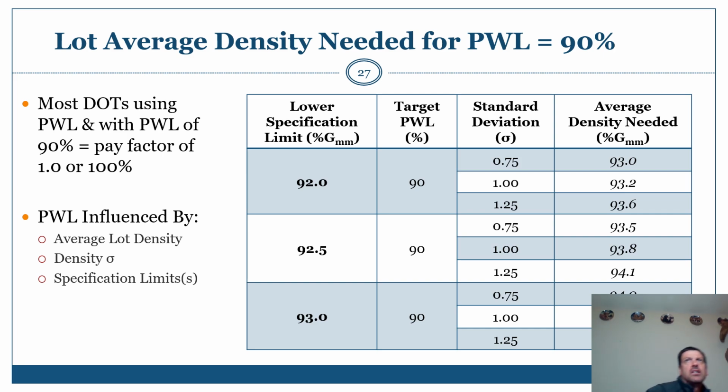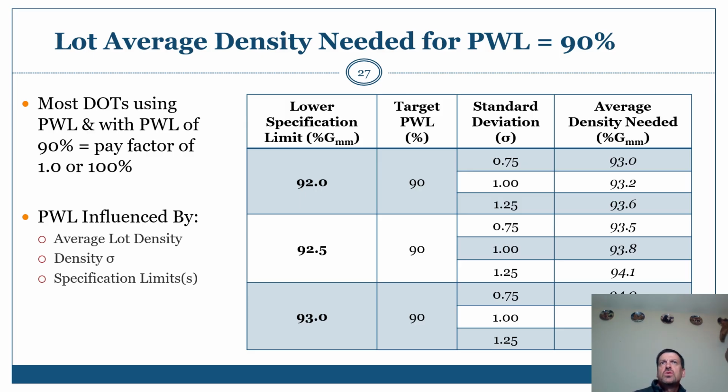Now, the lot average density needed to achieve a PWL of 90% is what most folks focus on when they go out and build a job. And the reason for that is that most DOTs use PWL, and if you achieve a PWL of 90%, the pay factor is 1 or 100%.